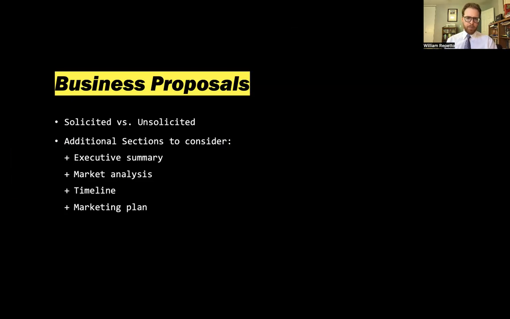So wrapping up proposals, I mentioned that proposals have two forms, practice-based and policy-based, while business proposals have two other forms: solicited versus unsolicited proposals. In any workplace, but more specifically in consulting and probably research-based businesses, you'll find a lot of solicited proposals.